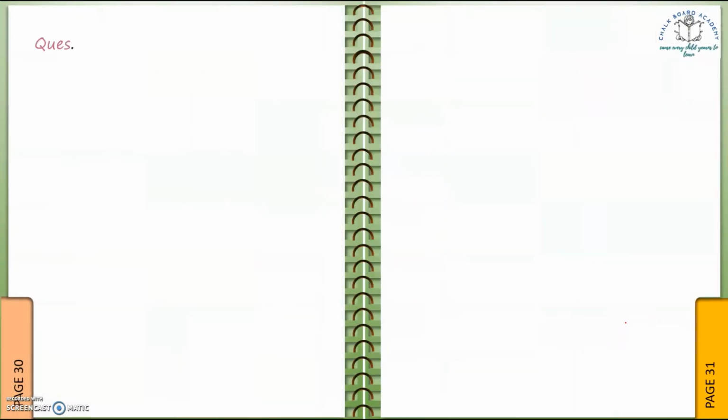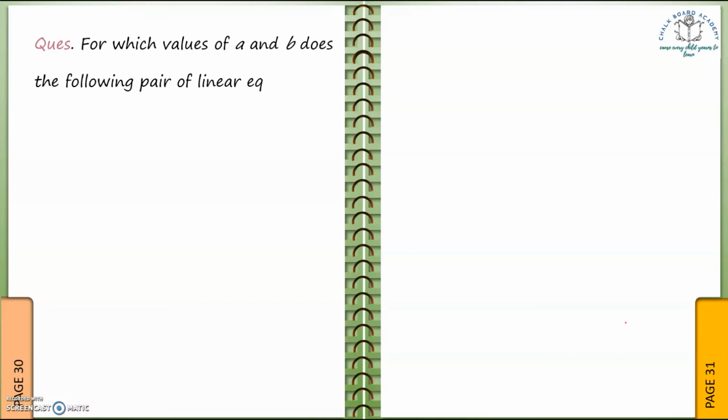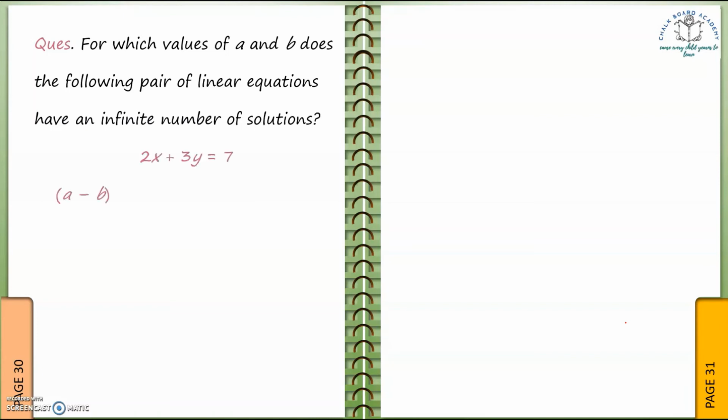Now moving forward, let's look into another type of question. Here we are going to find out the value of some given variables. Here we are asked, for which values of a and b does the following pair of linear equations have an infinite number of solutions. Infinite means they have many solutions.